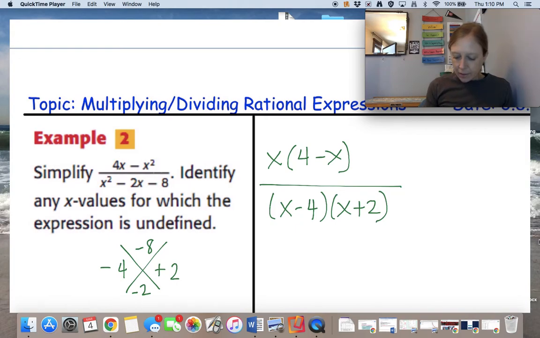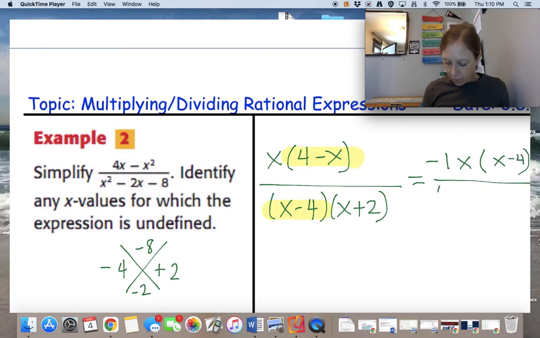Now, I can see that these 2 right here are very close to being able to cancel, but they're opposites, okay? So what I can do is factor out a -1. So if I go up here and factor out a -1 from my numerator, and then I have my x, and if I divide these by -1, now I'll have a positive x and a -4.